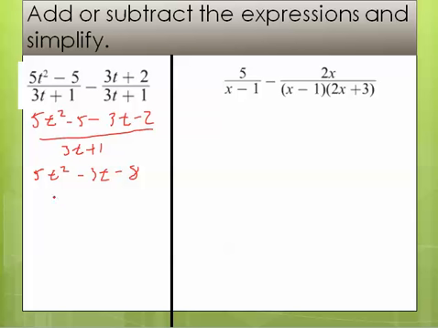Because I do not see anything multiplying to give me 5t squared that starts with a 3t. So I'm thinking that this is going to be my lowest factor here, 3t plus 1. And I would say that is my answer.